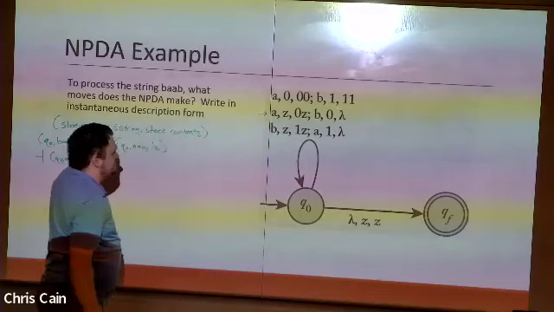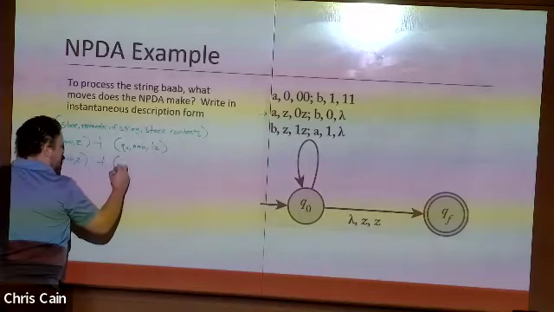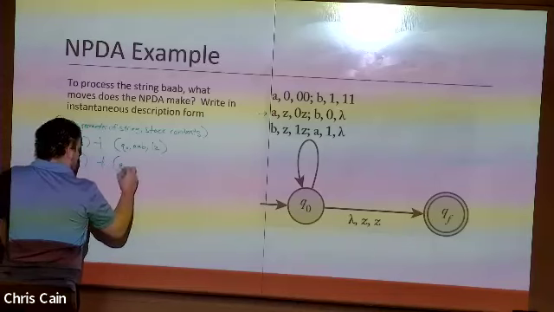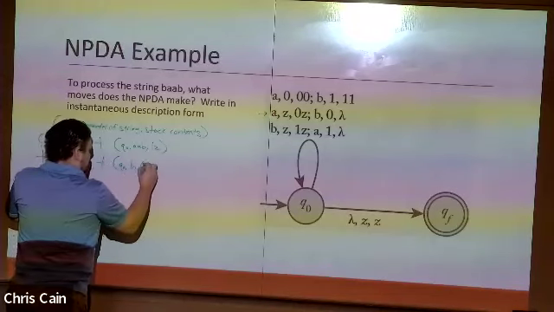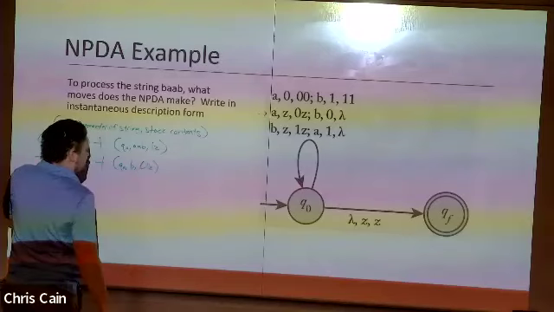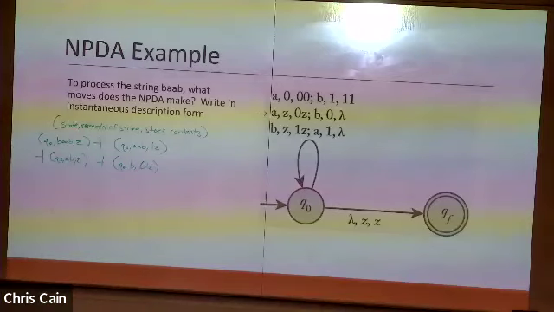We're going to stay in Q0. We have just a B left, and the stack is going to read 0Z. So there's a 0 on the stack on top of the bottom of stack character. Actually, there's one more to go.